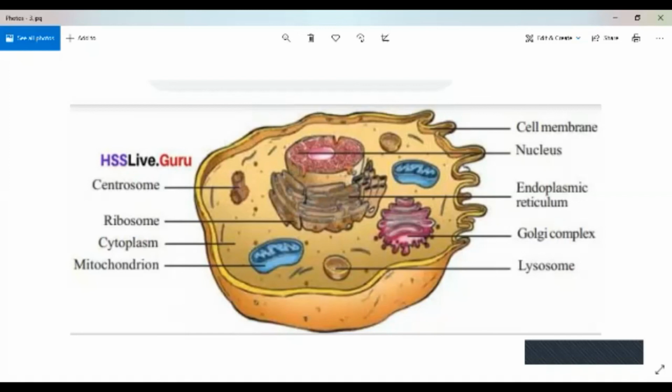Once more, centrosome consists of centrioles, which help in cell division. It is only seen in the animal cell. And lysosome is the other cell organelle seen only in the animal cell, which consists of digestive enzymes that help in the destruction of the foreign materials entering the cell.